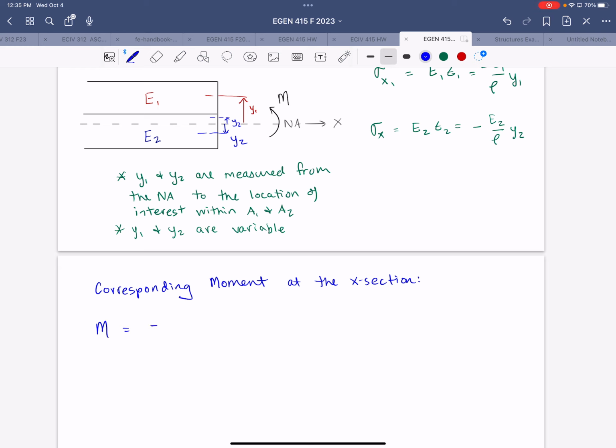So M would be equal to negative integral over area A1 times normal stress in 1 times y1, minus the integral over area 2 times the normal stress in area 2, or at that specific point at least, in y2.